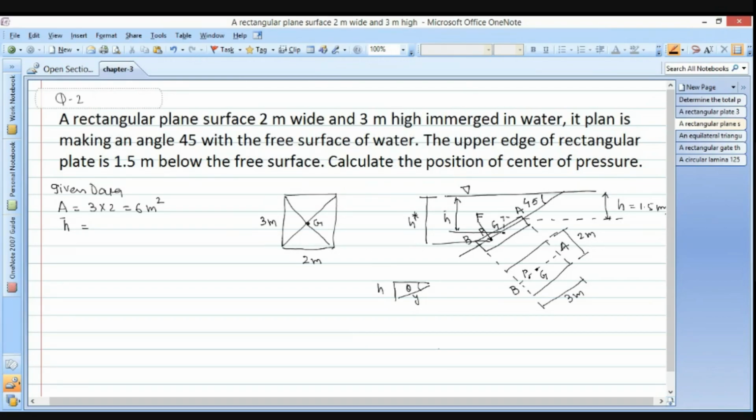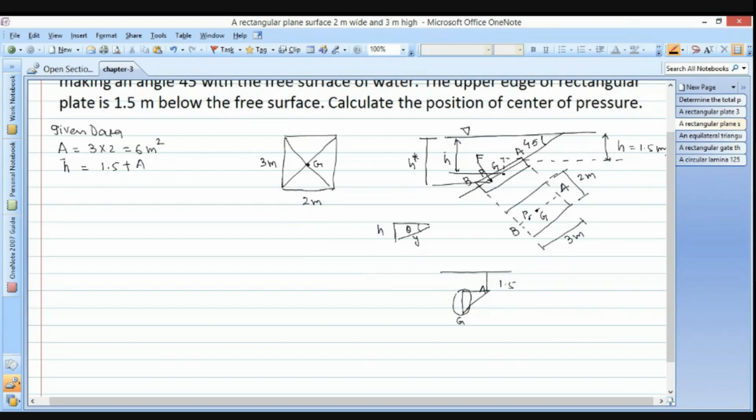I again represent it over here. See, this is 1.5 meter. Our A point is there and G point is there. So we need to take this height. So 1.5 plus we have to add this, and this becomes AG sine theta, A into G into sine theta, and theta has a value of 45 degree.